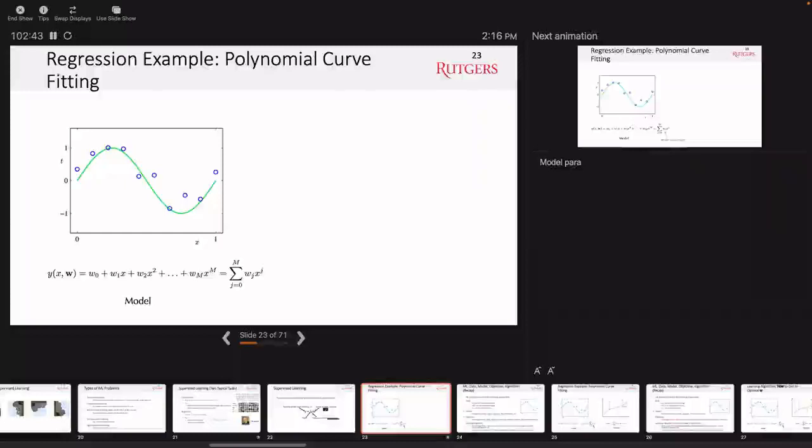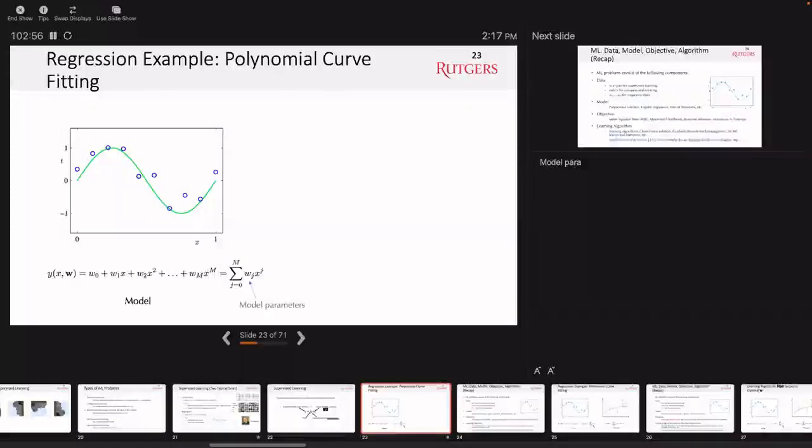W0, W1, all the way to Wm. So we have m plus 1 parameters. So your polynomial function, your model, is parameterized by these m plus 1 parameters. So these m plus 1 parameters are actually our theta in the previous slides, right? So theta, in this case, is your wi. So i is from 0 to m. So you have m plus 1 parameters. And so this is your model, right? You have the data, you have the model.